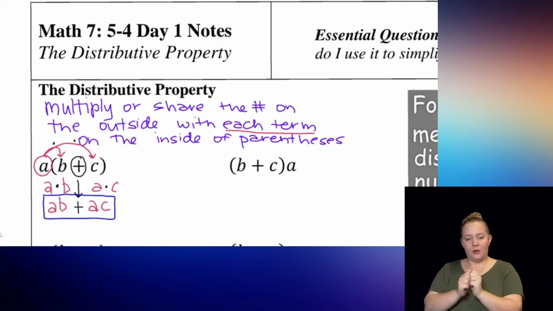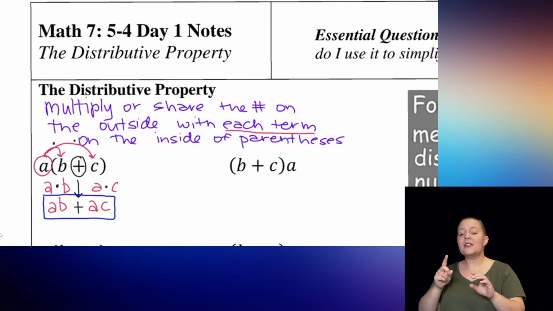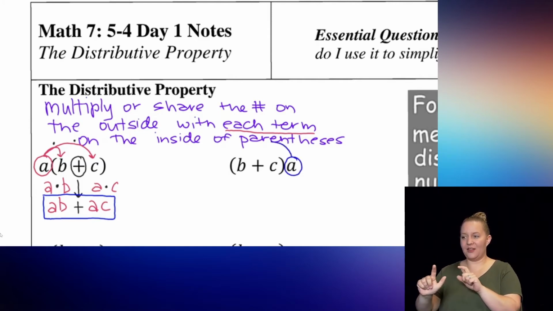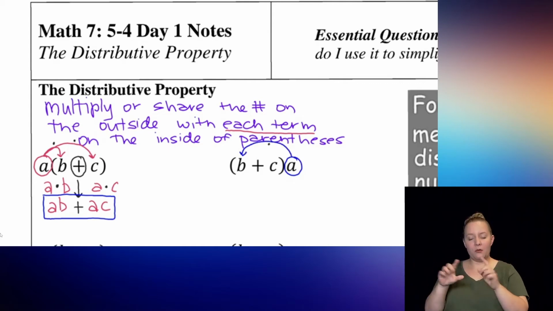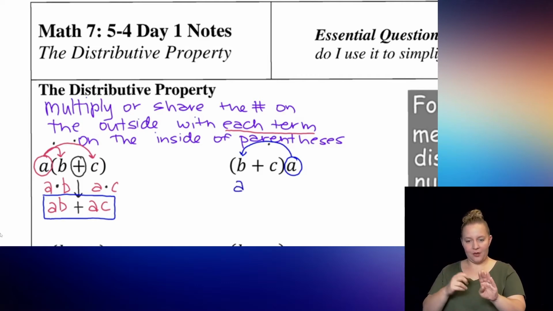Same thing with the other symbols. I see the letter A on the outside. Whenever you have a number on the outside, make sure that you're always distributing to the far left term first. So what I mean by that is I'm taking the letter A and I'm going to go all the way over here to this far left term. And again, whenever we're doing that little rainbowy loop looking thing, you're going to go ahead and multiply. So I'm doing A times B, and remember, we're just going to skip that step and write it as AB.